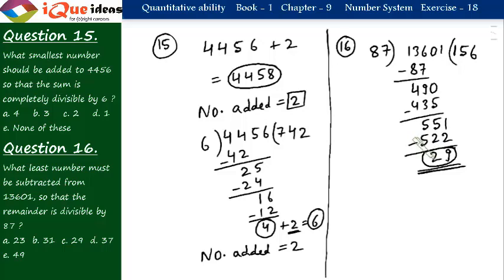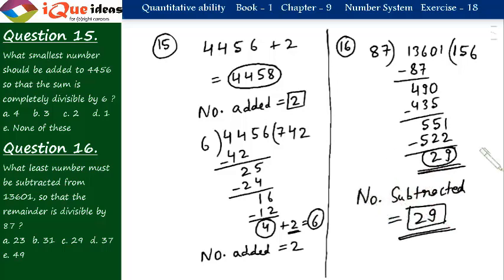If you subtract 29, then in this place of 29, we would have got 0 as the remainder. All right. That means to make 13601 divisible by 87, we need to subtract 29. So the number to be subtracted is equal to 29. Whatever is the remainder should be subtracted, as simple as that, right?